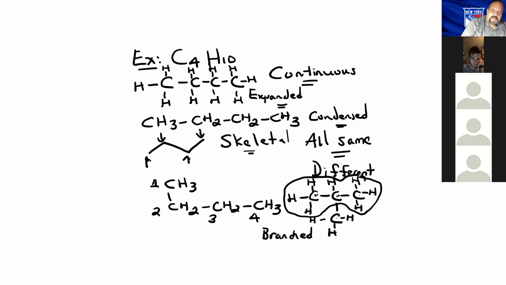All right, so let's do another example. So we've got C6H14. And let's see if we can draw some isomers.